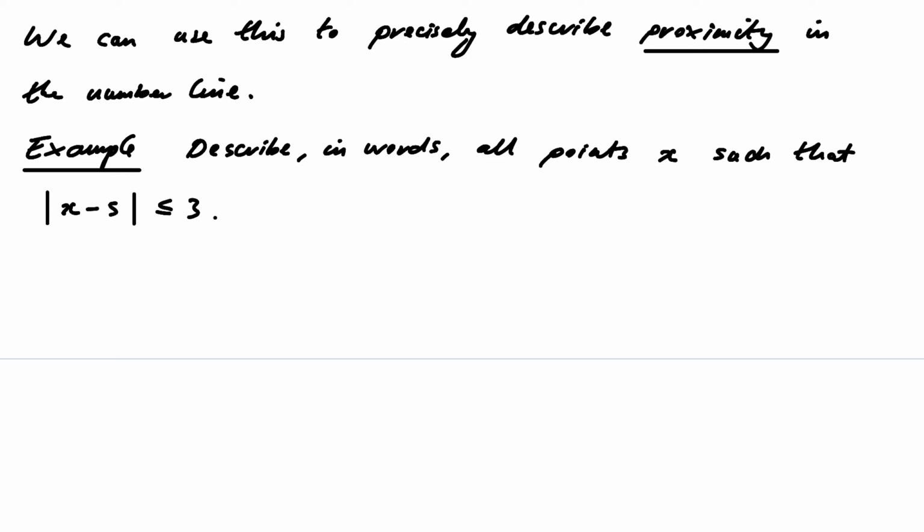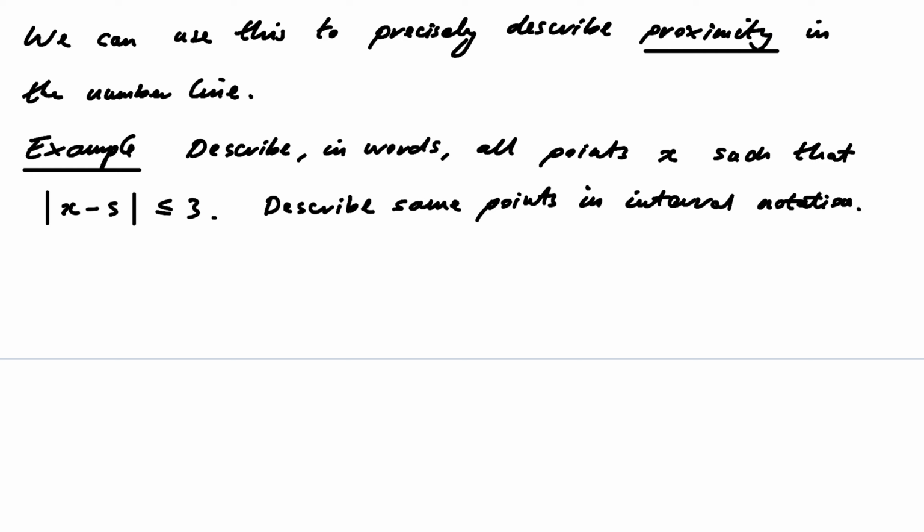And just to add a little bit on the end, describe the same points in interval notation. Now, this is really important because this is exactly how absolute values turn up in the early stages of calculus. So let's wrap our heads around what this is saying.